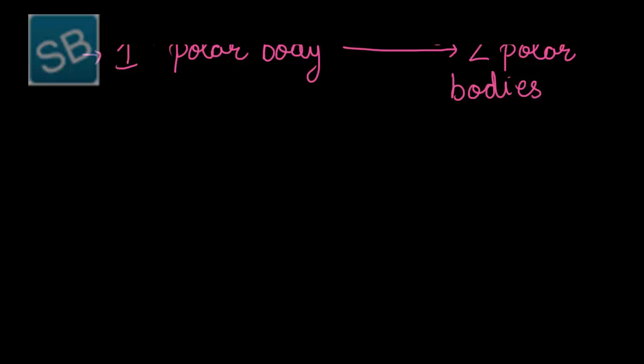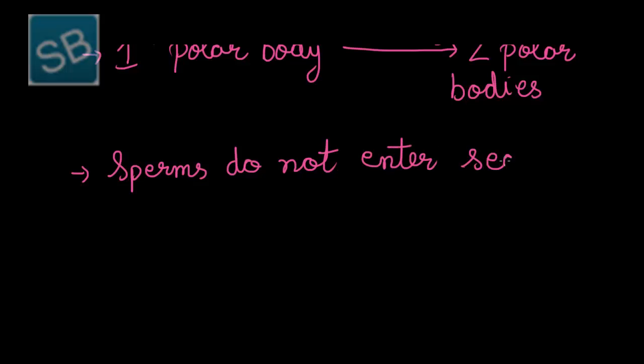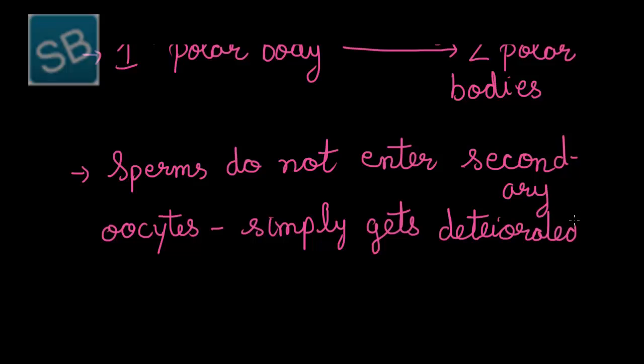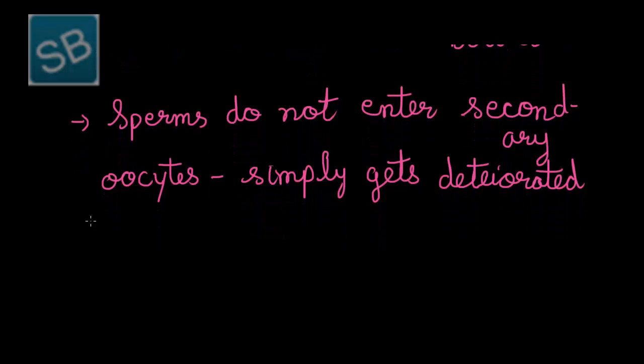If the sperms do not enter the secondary oocyte, then it simply deteriorates, that is, it gets destroyed without completing meiosis to form the ovum. That is, the ovum is not formed.